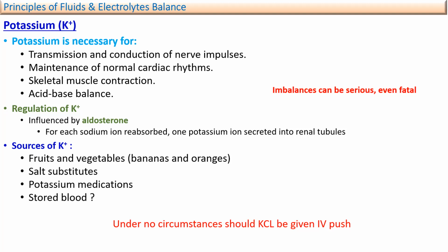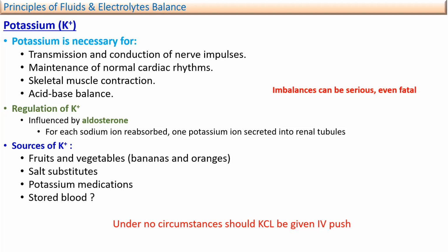Sources of potassium. We get potassium from fruits and vegetables, mostly like bananas and oranges, and from salt substitutes, and when patients receive potassium medications like PO tablets or IV solution of potassium. Also, potassium will be in the stored blood.